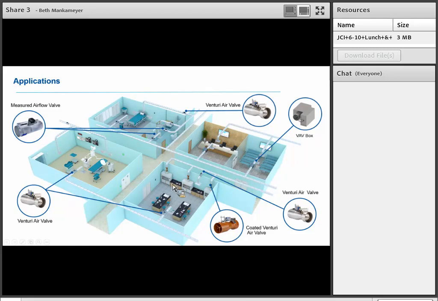Venturi valves are really great for lab exhaust because you want that user to stay very safe at the face of that fume hood. And since they can change immediately with changes in pressure, it's a really great solution for a fume hood lab exhaust and supply.